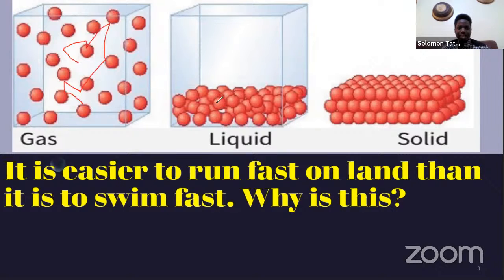But like Kyle is saying, in a liquid or in water, you will have to face resistance of these particles that are closely packed together. So there is a higher resistance in water than on land. Therefore, someone cannot swim as fast as they can run on land. It's important to know that. All that is because of the arrangement of particles of these substances.